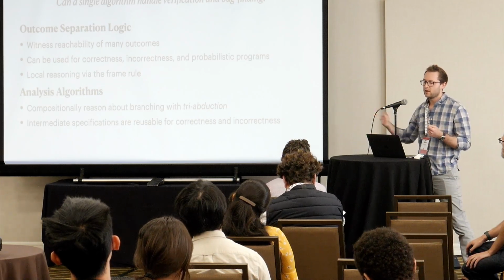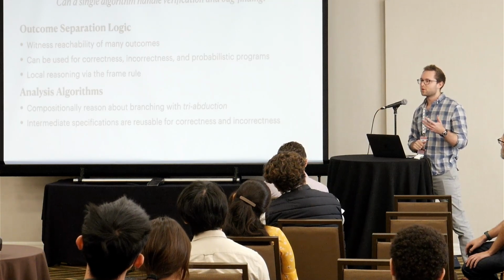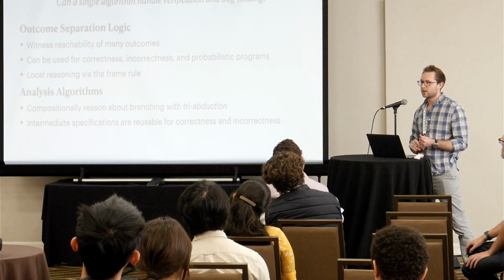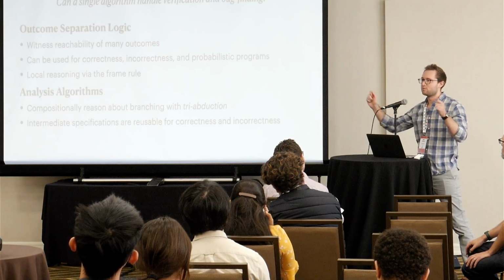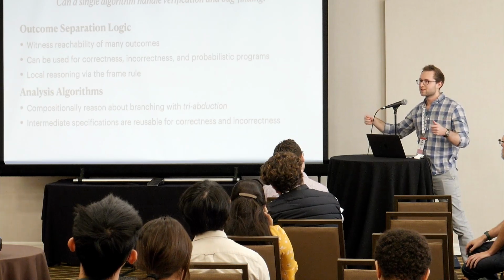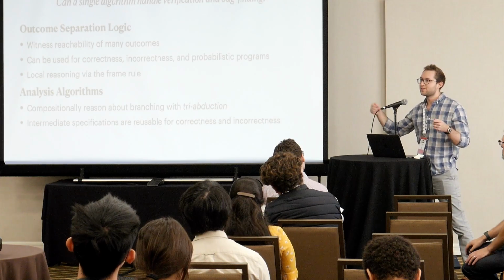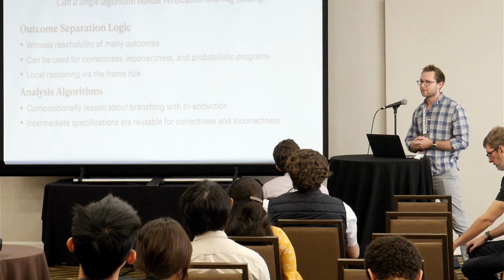And actually, the algorithms that they've implemented at Meta inside of Infer for incorrectness specify those conditions in both the precondition and postcondition. So you can interpret those triples as either incorrectness logic or outcome logic. So yeah, I hope that answers your question.